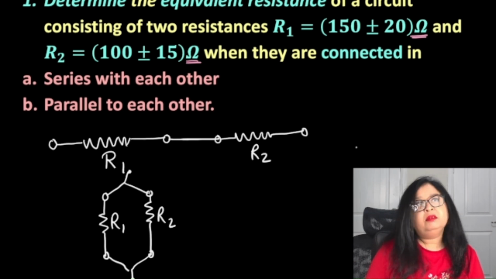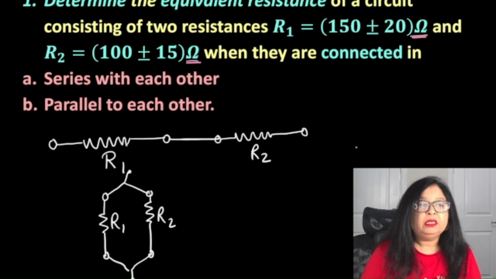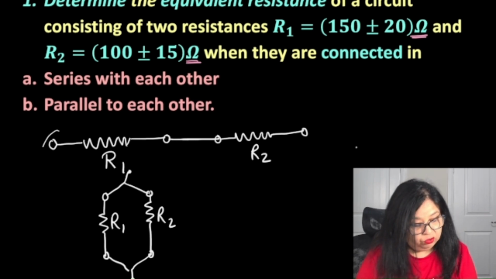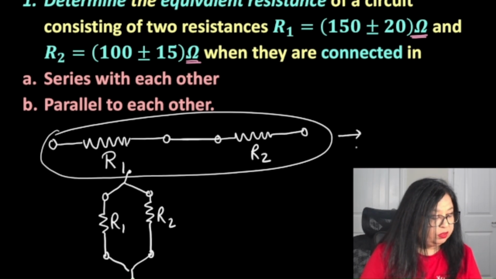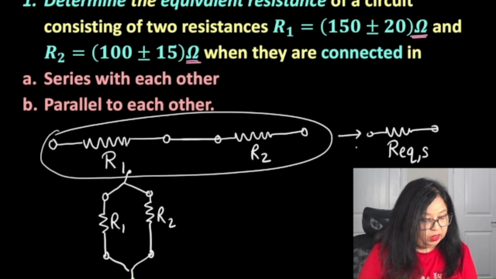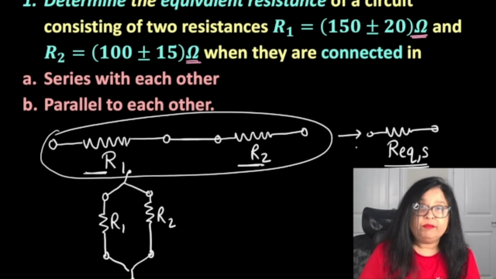So what happens when resistances are connected in series or parallel is that they act as if these two resistances are replaced by a single resistance. Call it R equivalent. S is for series. So these together, R1 and R2, when connected in series, will act as if instead there was only one resistance, whose value is this R equivalent.